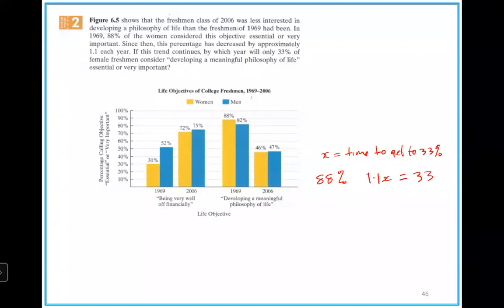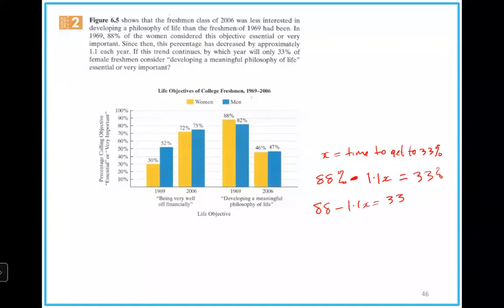So we're going to be subtracting. We don't need to put the percentage in here, but for now I'll just have that. So we're going to say 88 minus 1.1x is equal to 33.